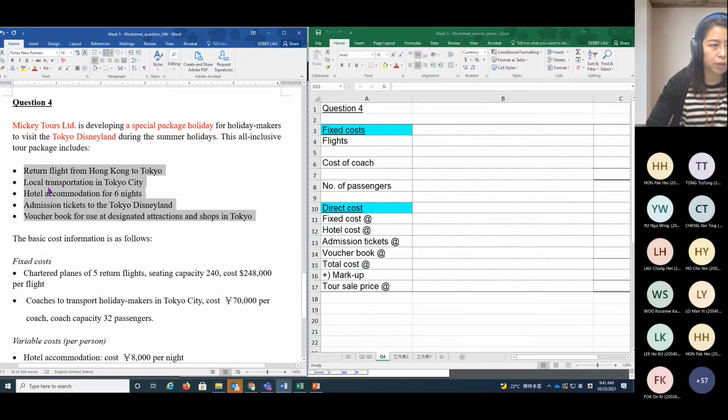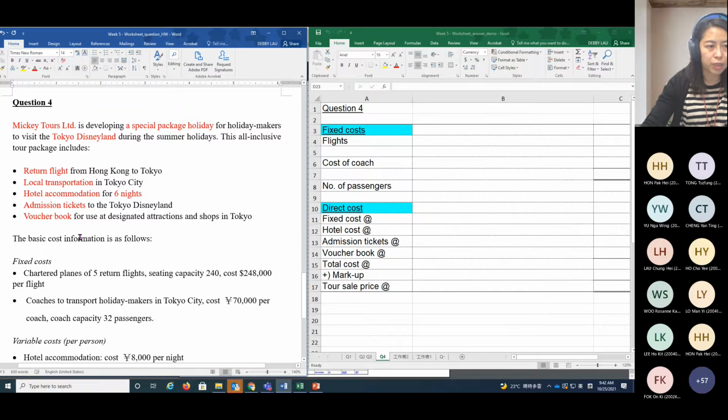咁包啲咩呢？So the following, the inclusive items for the package. OK, so here the return flight 來回機票，and local transportation in Tokyo City，本地嘅旅遊巴，酒店嘅住宿，admission tickets 入場券，同埋 voucher book。嗱，喺呢度你就要特別小心，酒店住宿你見到有6晚。Okay, so there are 5 items included in the package.